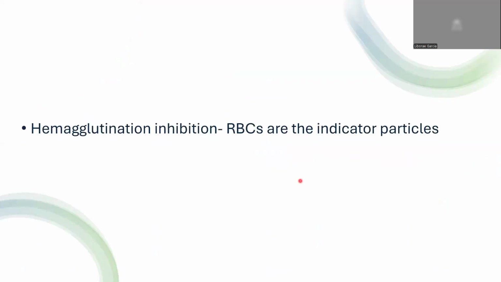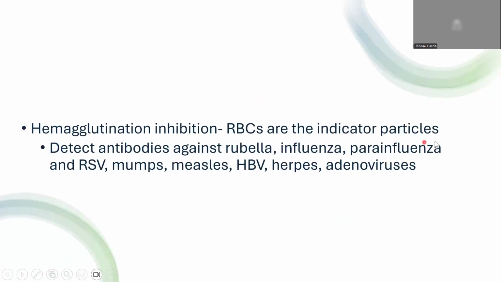Then you have your hemagglutination inhibition. So RBCs this time are your indicator particles. So this detects antibodies against rubella, influenza, parainfluenza, your RSV, respiratory syncytial virus, mumps, measles, hepatitis B virus, herpes, and adenoviruses.